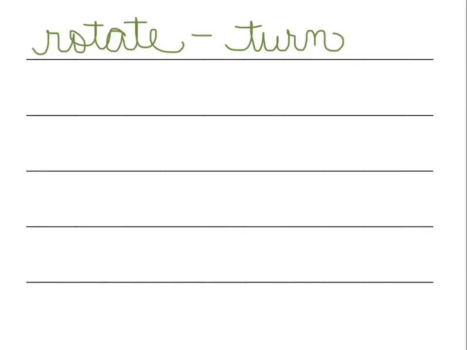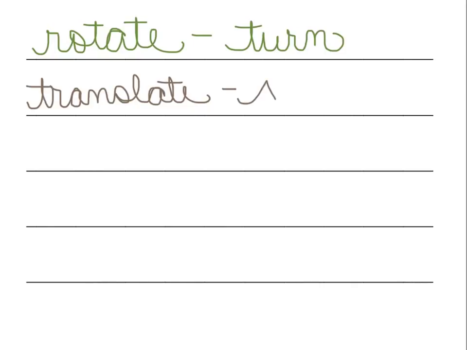That's our first term that we need to know. Our second term is translate. Now, to translate a shape is to slide it. And again, we will look at these tomorrow, but it'll be easier if you have it in your head already. Rotate means turn. Translate means slide.